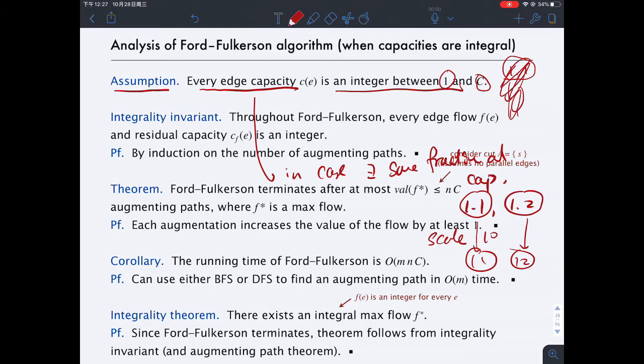So in general, this is a pretty mild assumption on the setup of the problem.